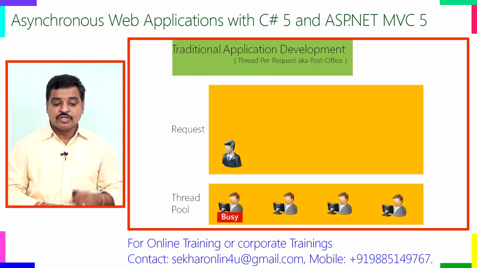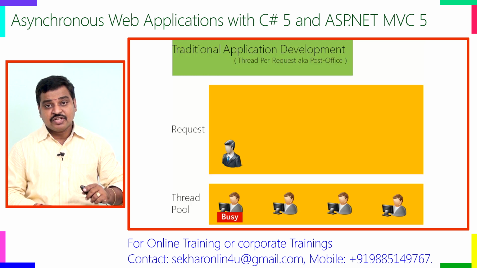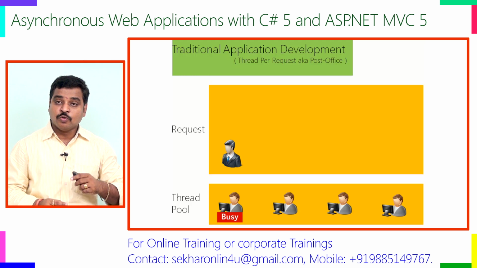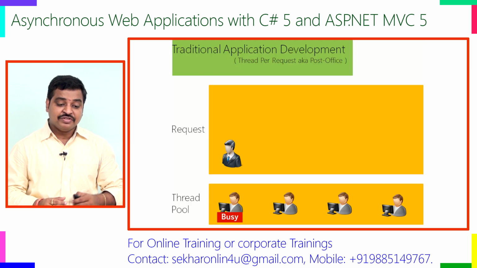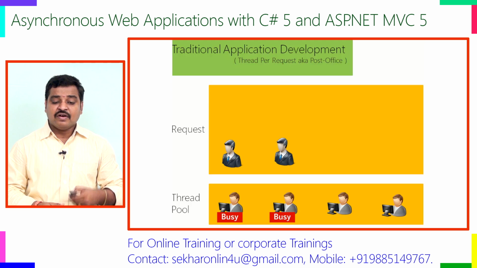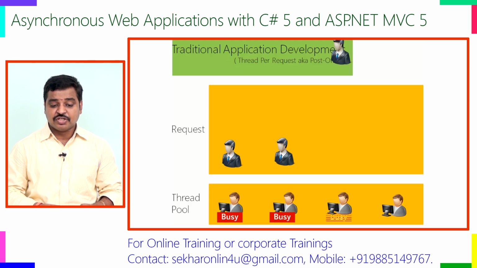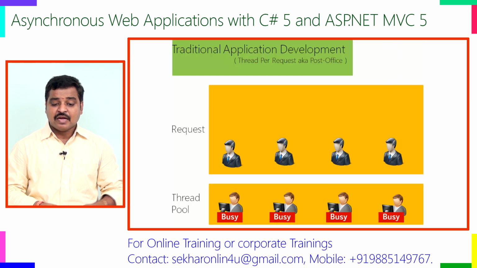Whenever a request is given, a thread is assigned to process the request, and the thread will be busy processing that request. Whenever a further request comes, the available thread is going to accept that request and process the instructions, and the same thing happens.